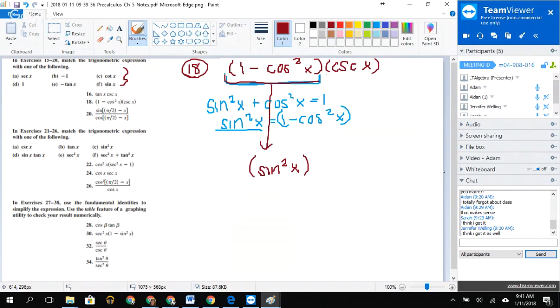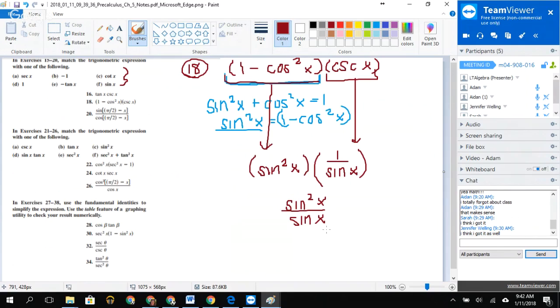I also have a cosecant of x, right? Another way to write the cosecant of x is 1 over the sine of x. All right, so now I have the sine squared of x times 1 over the sine of x. So sine squared of x over the sine of x.